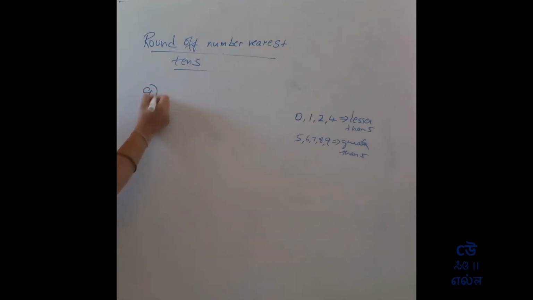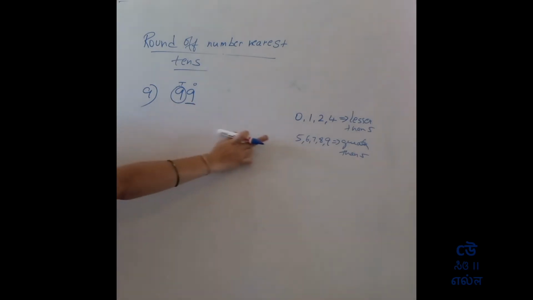Next, ninth problem is 99. So we have ones place and tens place. First we have to circle the tens place value and consider the right side of the tens place, which is the ones place. In the ones place we have 9. 9 is greater than 5. So what should we do if it is greater than 5?